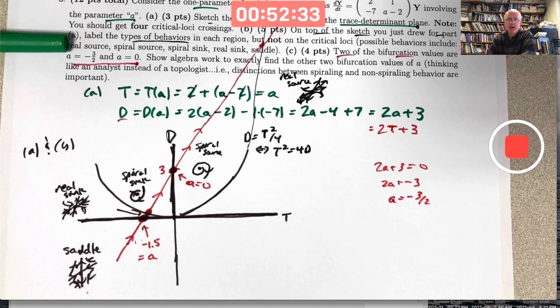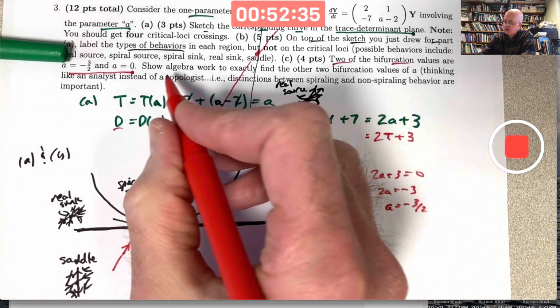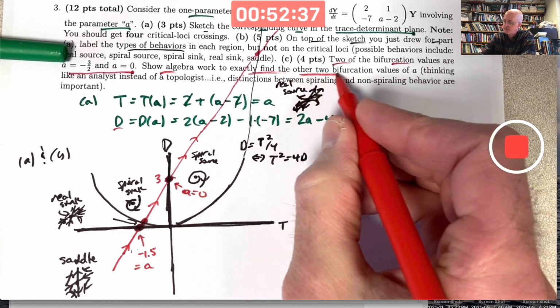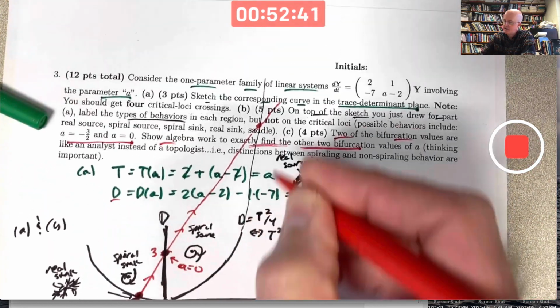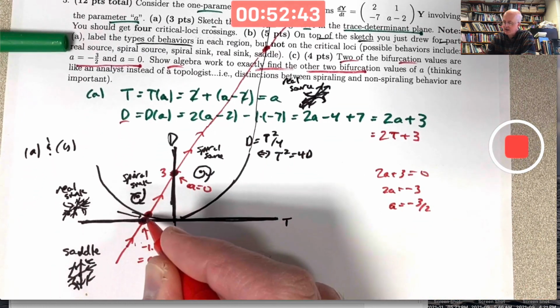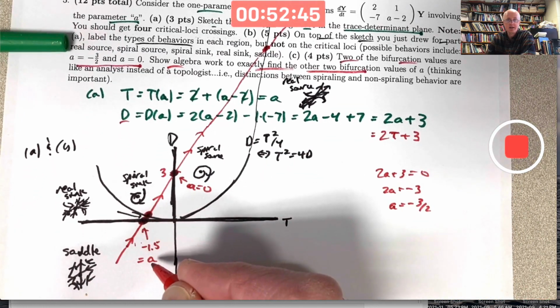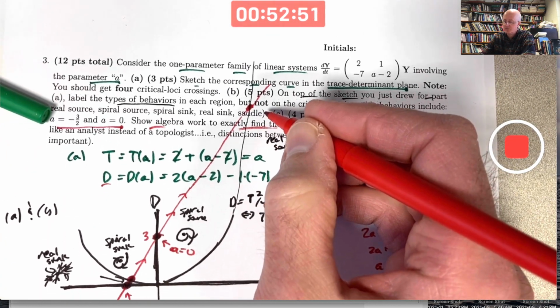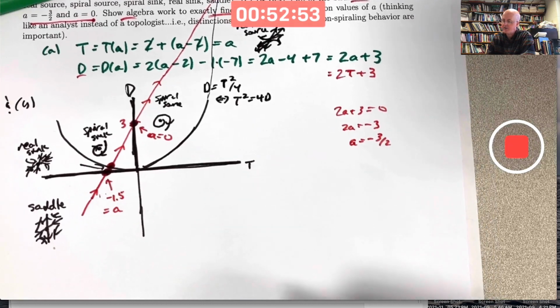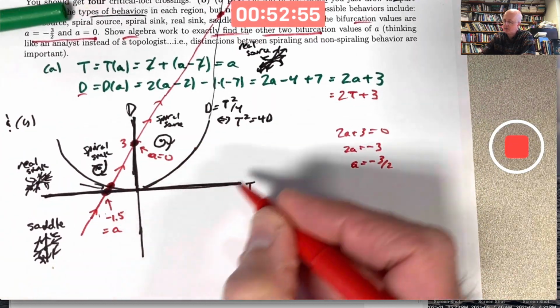So to find the other two bifurcation values for an analyst, they are going to be at this point and this point. This one, a is going to be just barely bigger than -1.5. This one, it's hard to say, some big positive number, relatively big. How do you figure it out? It's crossing the repeated root parabola.